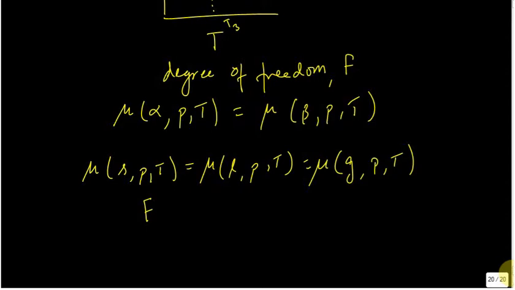Now, let's think of a multi-component system. And what all can I change in this multi-component system? Of course, the pressure and temperature I can always change. What else? I have a multi-component system going from one phase to another phase, to a third phase, to a fourth phase, multi-phases also.